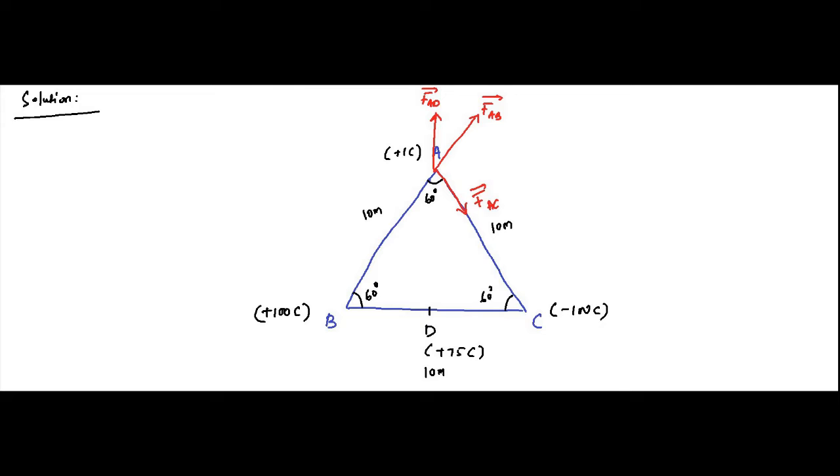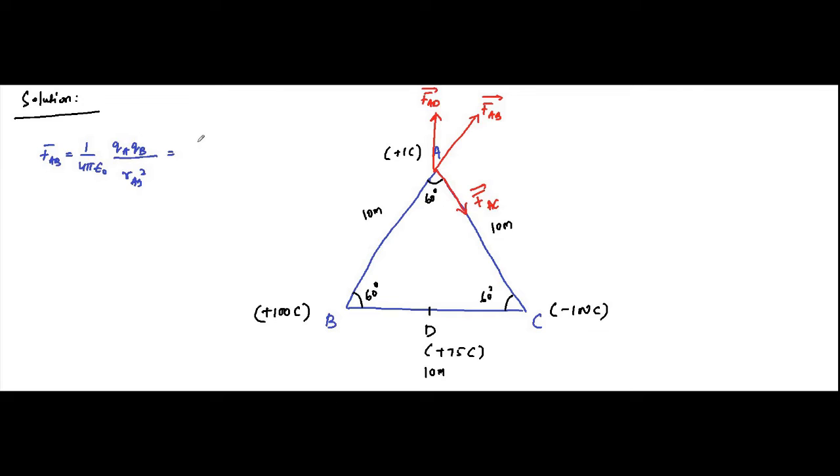Now first we have to determine the values of FAB, FAD and FAC. So first FAB, their magnitudes, 1 by 4 pi epsilon 0, QA QB by RAB whole square.